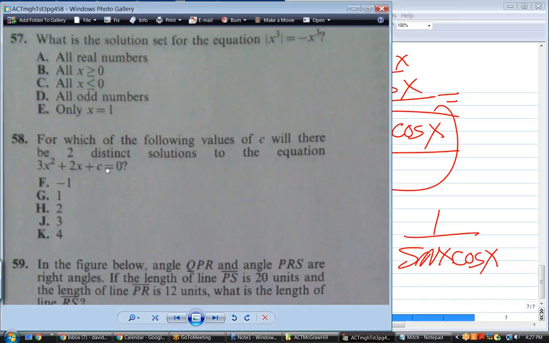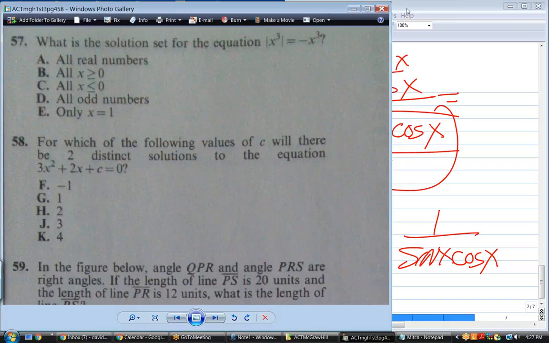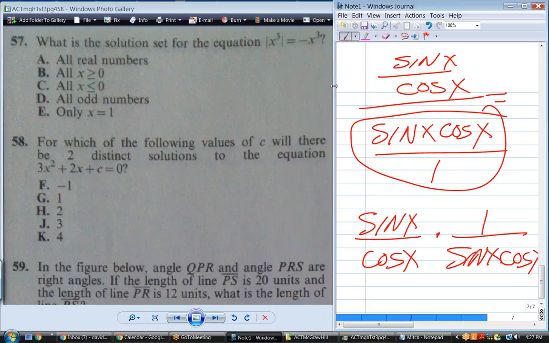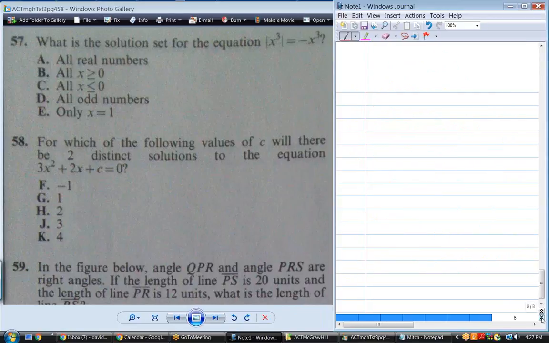The most important identities in trig, whether it's for the ACT or anything else, are those 11 identities. The 6 reciprocals, and tell me if you don't know what I mean by these terms. You know the 6 reciprocal identities? What's the reciprocal for sine?